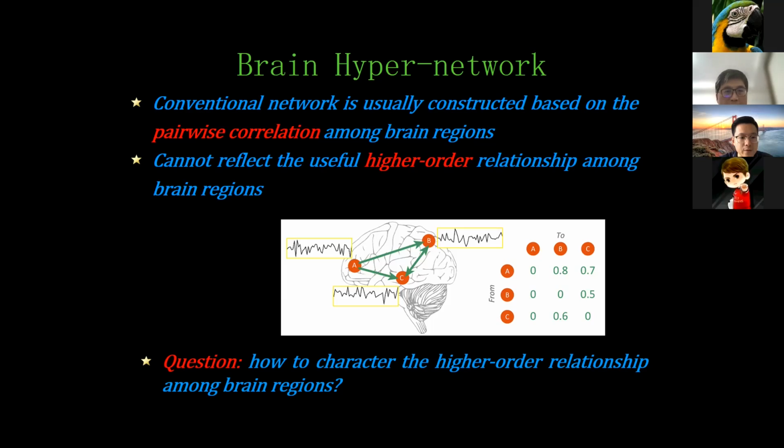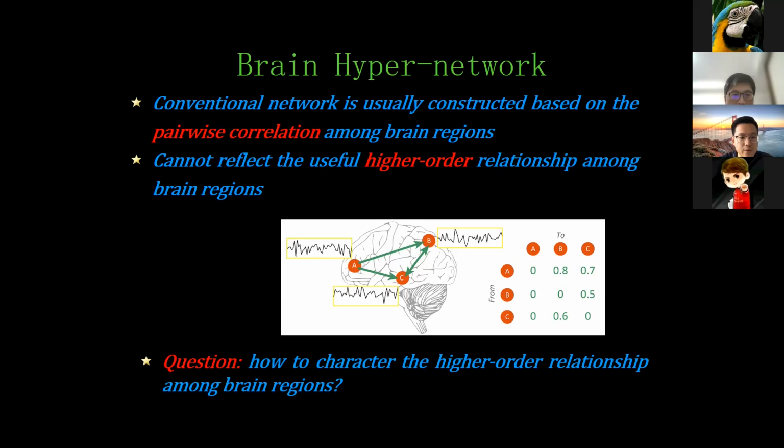But in this method, we usually consider the second order relationship between paired brain regions, and they cannot reflect the higher order relationship among multiple brain regions.